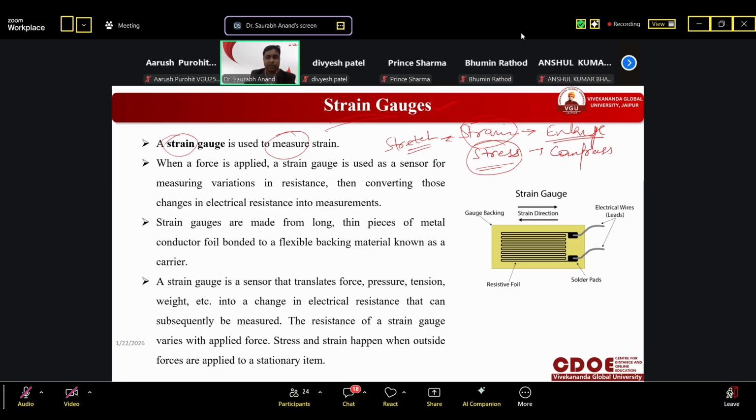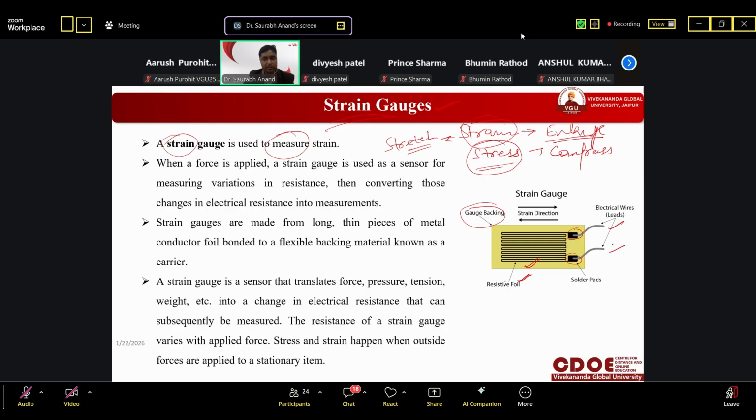Okay. So we are using the resistive foils. There's the metal wire. This is a metal wire. This is gauge backing, right? It is a cover. You can say there will be gaps between that we have put the wire or metal wire, and it is foiled, and this is the shoulder pads where we have connected two leads.